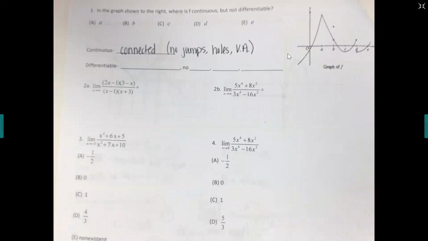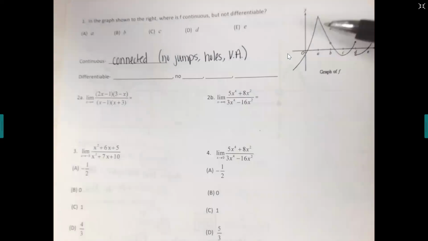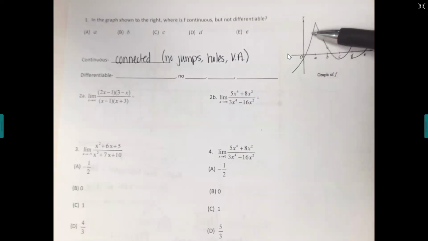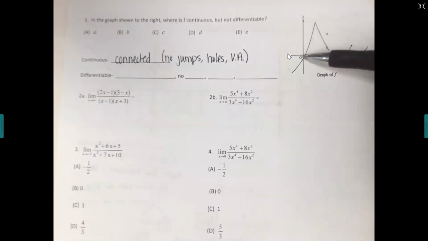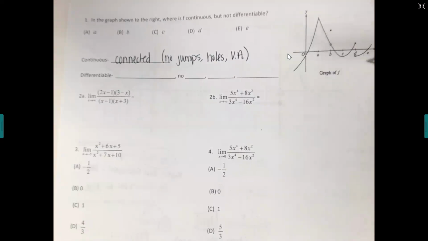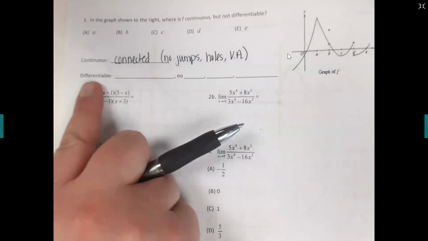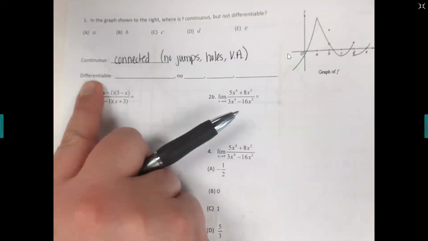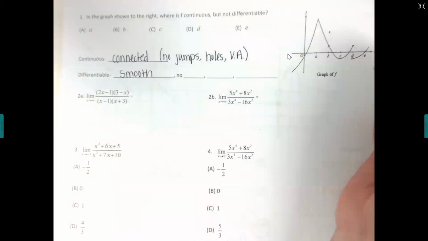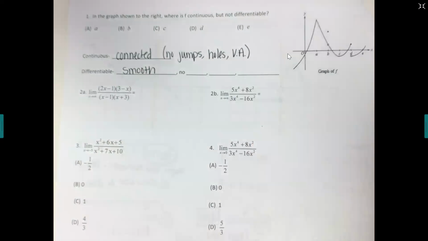Cusps and corners. Now think about, if I have a cusp like I do here, is it connected? Right. Yes, what it's not is differentiable. So for the next one right here, differentiable, it has to be connected and it has to be smooth. Okay, and when I say smooth, what I mean is none of the things that Mike just listed.